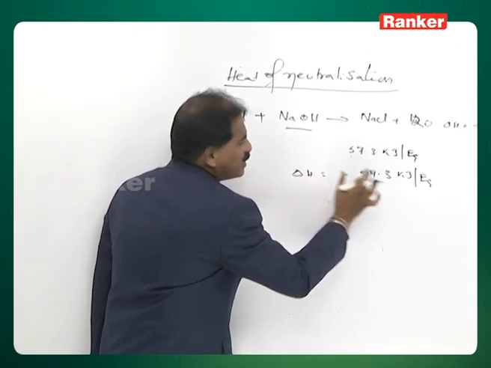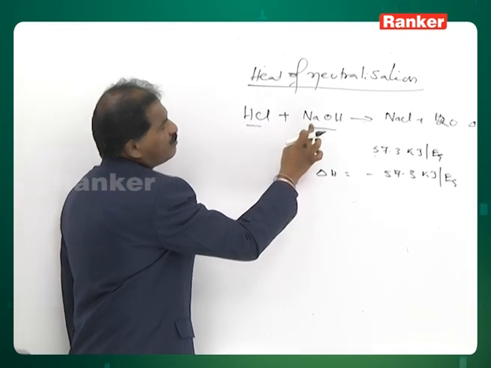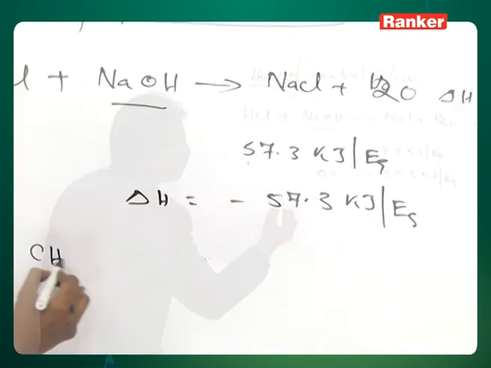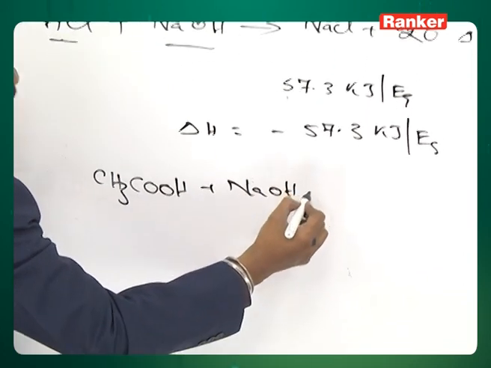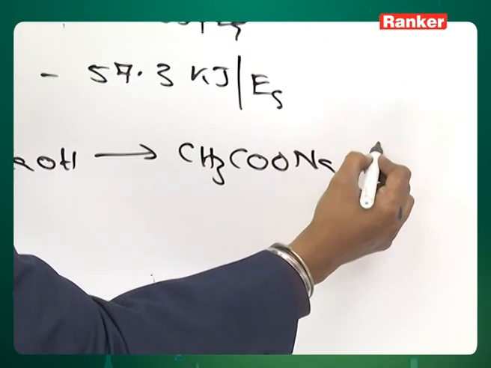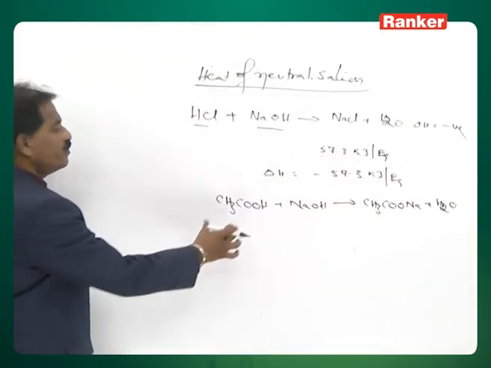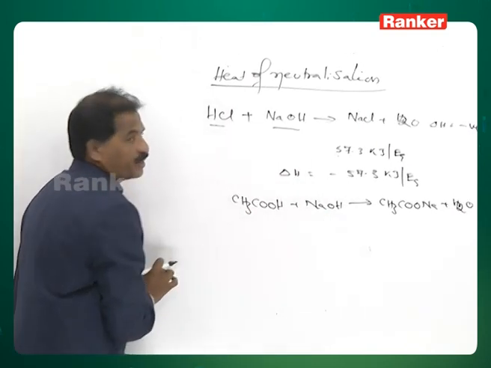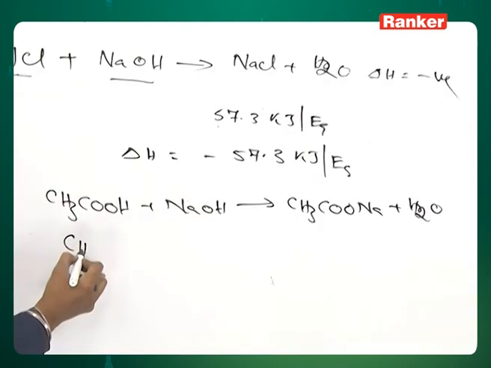Why will a lesser amount of heat be liberated? If either weak acid or weak base participates, like acetic acid plus NaOH, here weak acid and strong base are participating.